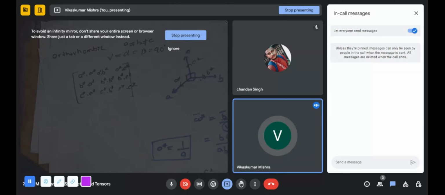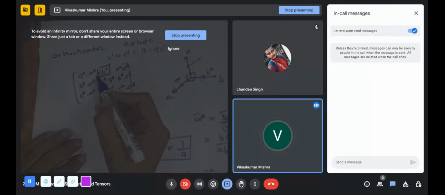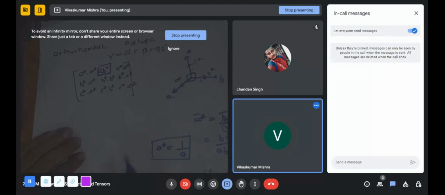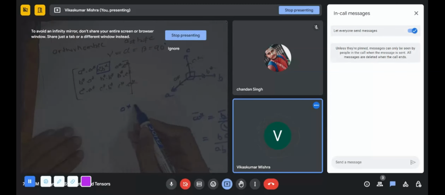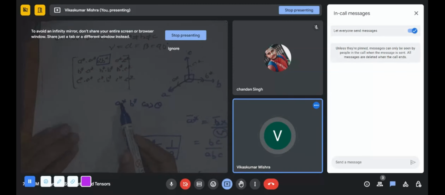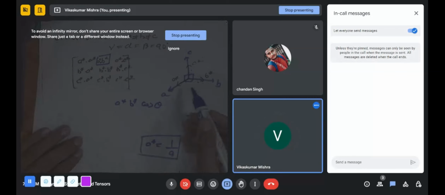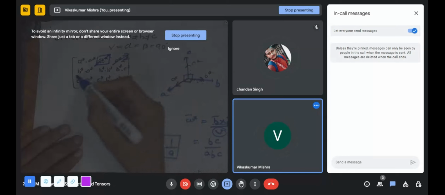What is the dot product between A star and B star? That is A star, B star, cos of the angle between them. What is the angle between A star and B star? It is 90 degrees. Since it is 90 degrees, the cosine will be 0, so this entire term will go.